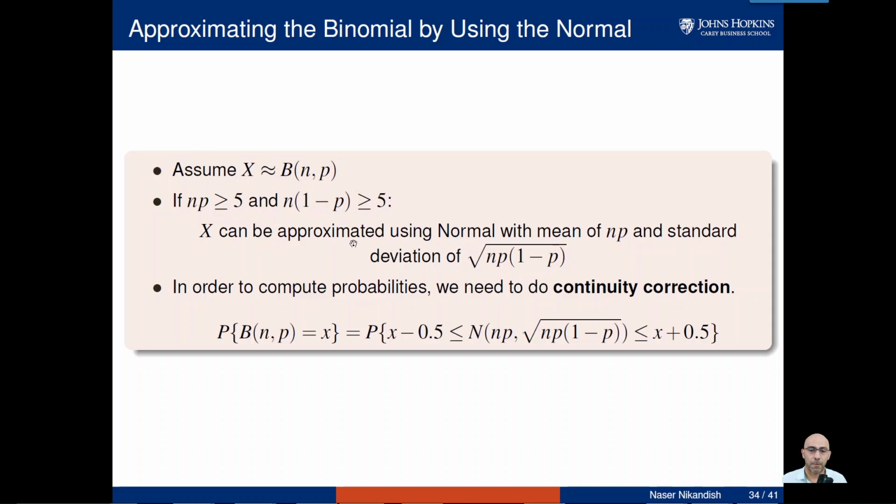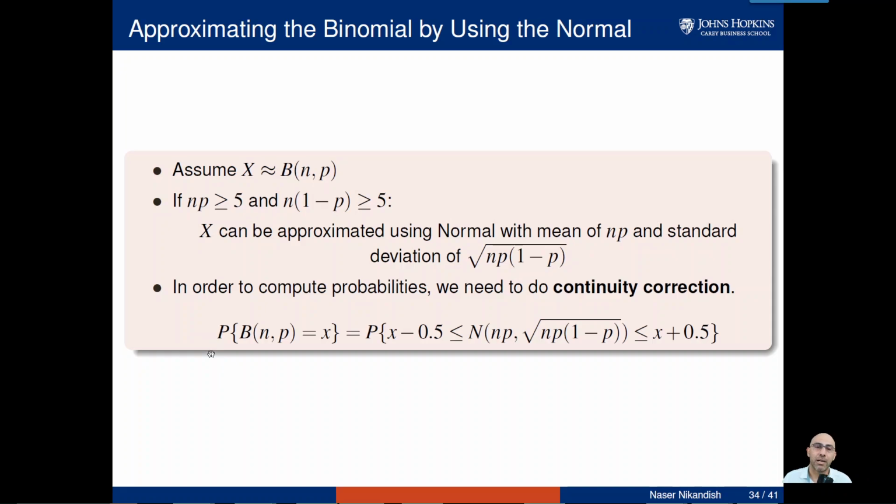That's question number 1. Question number 2, what are the parameters of normal? Well, normal has 2 parameters, mu and sigma. Mu of normal is going to be equal to mu of binomial, np, and sigma of normal is going to be equal to sigma of binomial, square root of np times 1 minus p. All right, question number 2, check.